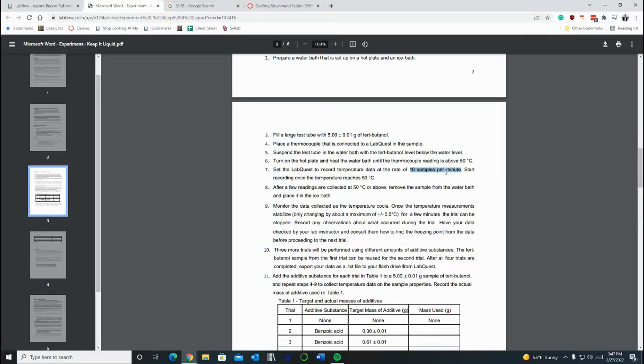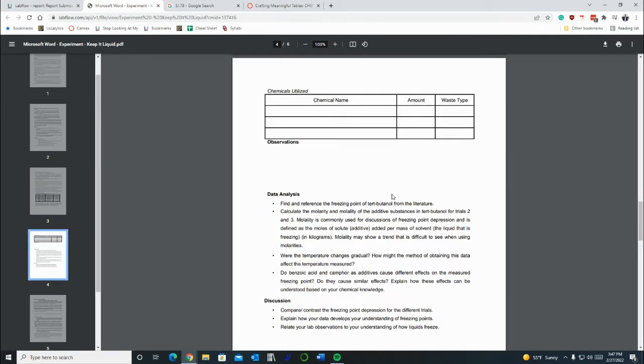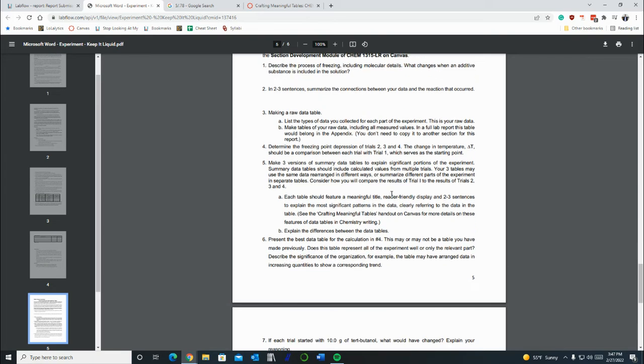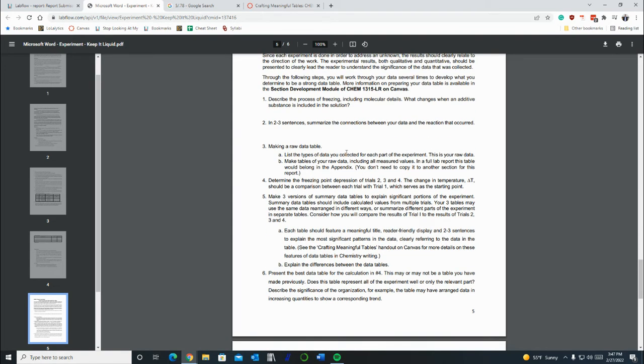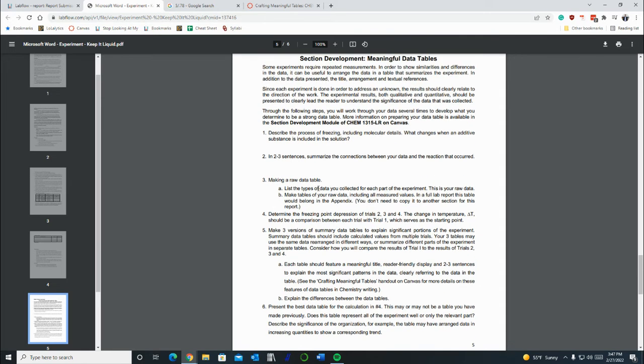I don't want that many readings, frankly. So just make a table of your lowest and highest temperature for each trial, and that's good with me. But do make sure to list the types of data you're collecting as well. But for your table itself, just include the highest temperature and the lowest temperature. Okay.